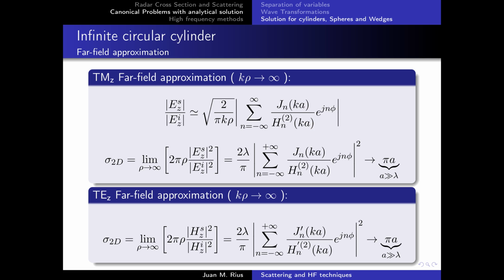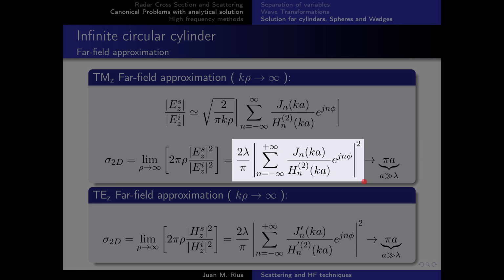A is the radius of the cylinder, and using this scatter field in the formula for the two-dimensional RCS, we have the square absolute value of the scatter field here. We get this equation for the radar cross section, and it is again the Fourier series summation. And remember that you only have to sum terms up to order Ka plus 5, for example, and on the negative side minus Ka minus 5 or something like that.